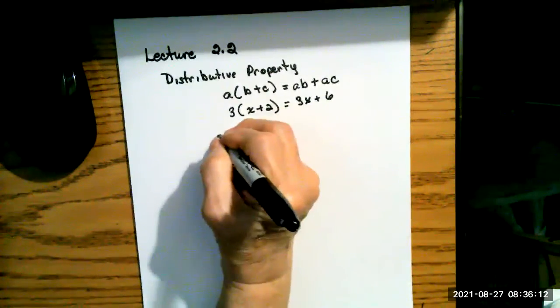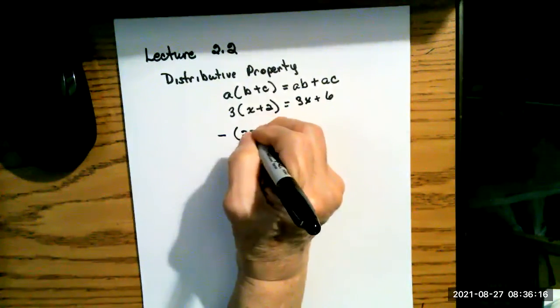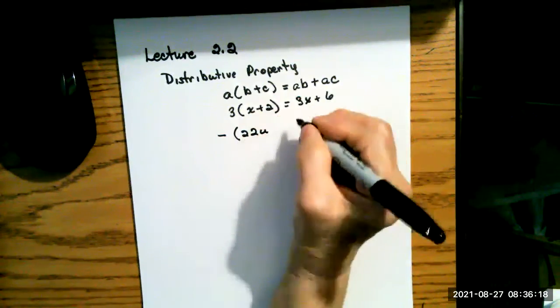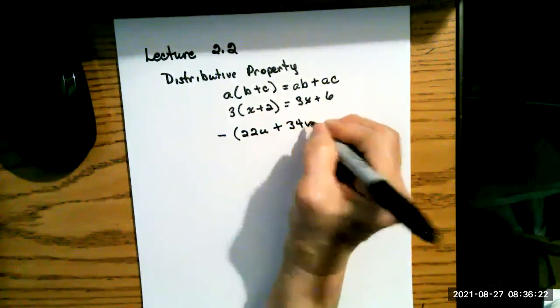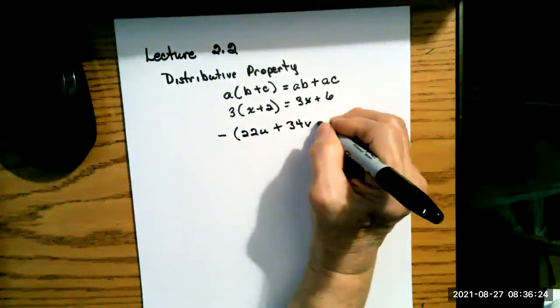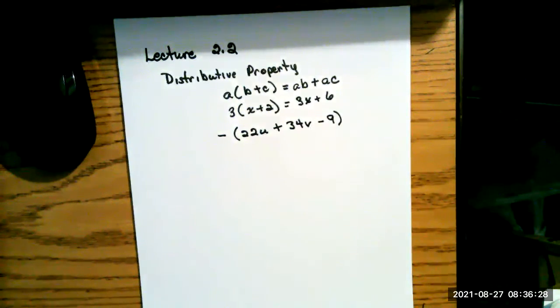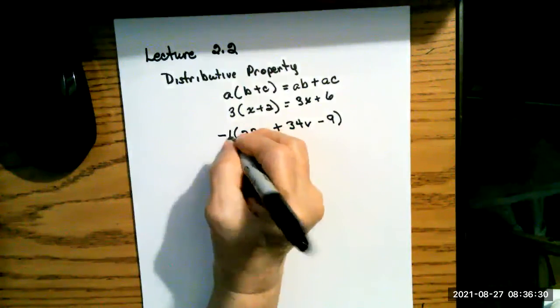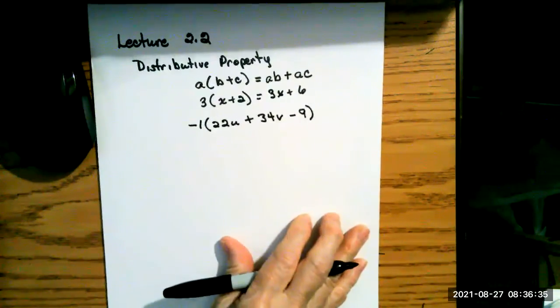One of the hardest things for students is when there's just a minus out there in front and you really don't know what to do with that. So this is an example from one of your problems that you'll be doing in this section. There's just a minus out there. You can put a 1 in front if you want a number. That will help you distribute it.